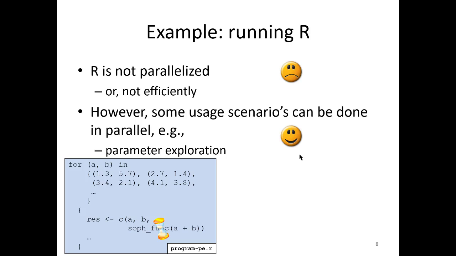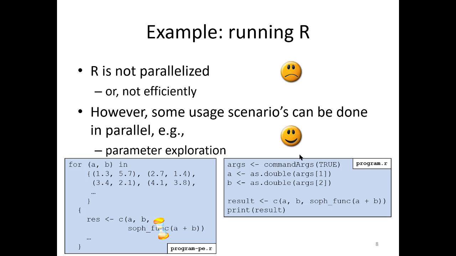Okay, how can we adapt this R script to use it with worker in a parameter exploration setting? The first thing to do is to pass values of a and b into our R script using command line arguments.